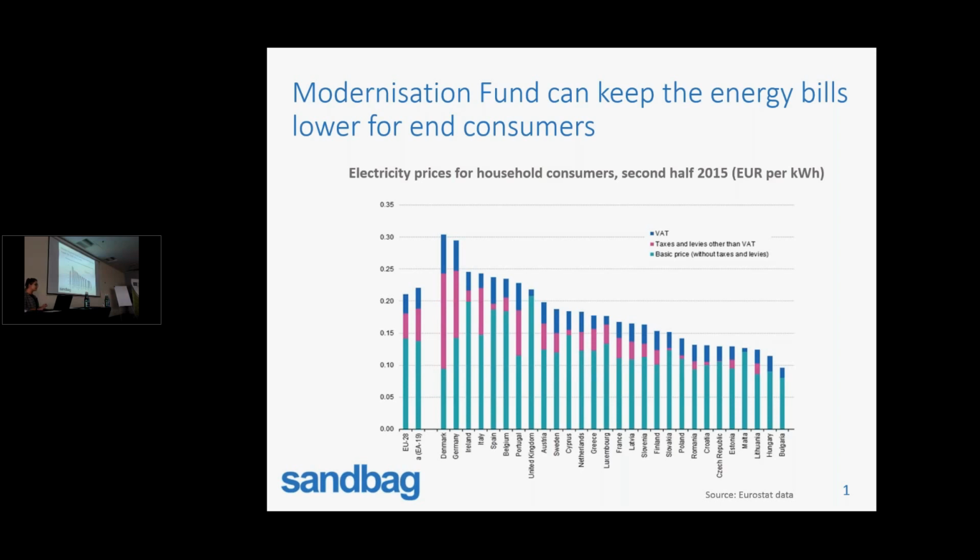Second, it's regulated energy prices for end consumers that allow the governments to keep them low and attainable for the population and industry. And third is, of course, the relatively lower GDP per capita in the region as compared to the Western European countries.